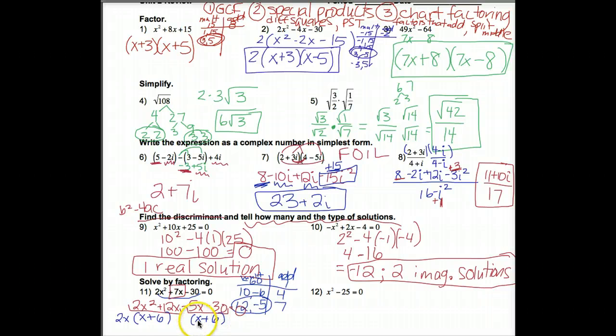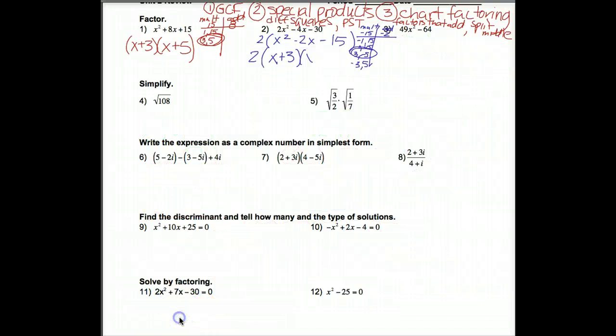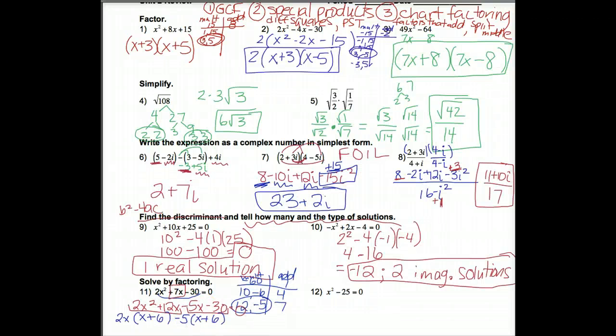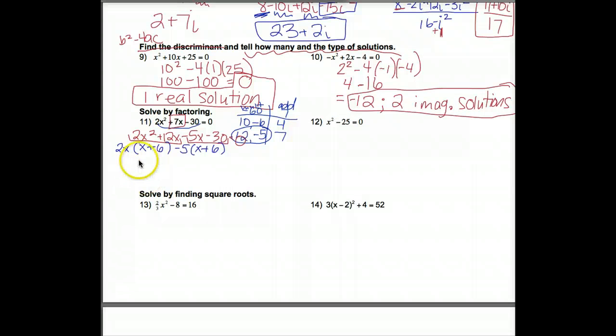What do I multiply x by to get negative 5x? So hopefully you said negative 5. And so now I'm ready for my final factored answer, which is 2x minus 5, because that's what's in the fronts, times the parenthesis that they share, which is x plus 6.